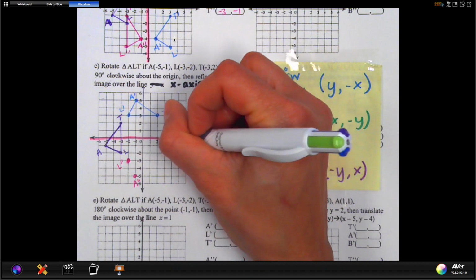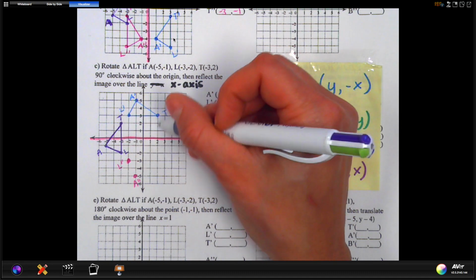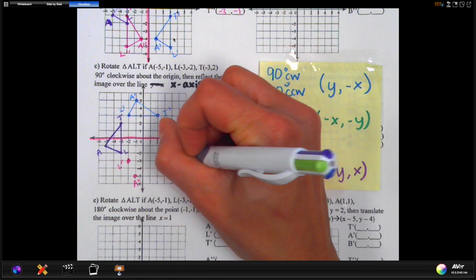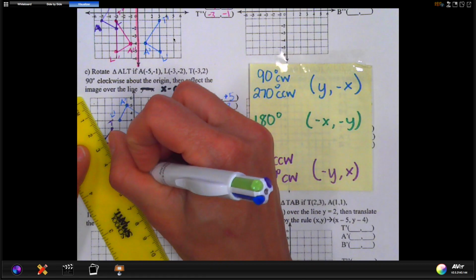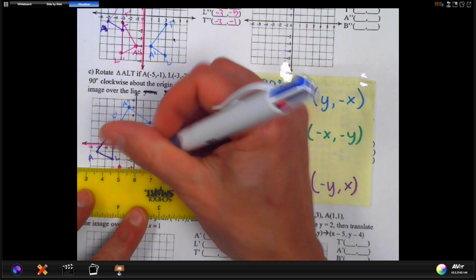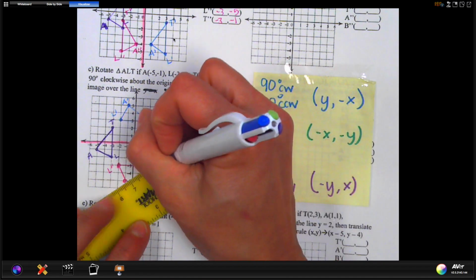And finally, T prime is also 3 units above our line of reflection, so we're going to go ahead and reflect that 3 units below. And we're going to go ahead and reconnect those so that our sequence is complete. And then we will go ahead and identify the ordered pairs that go with that sequence.